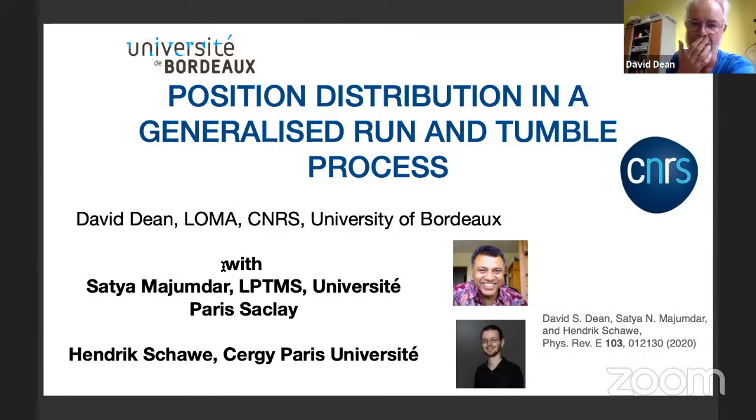So I'm going to talk about a nice little problem that's related vaguely to active particles and generalizes some of the questions that people ask about general active type stochastic processes. This work was done with Satya Majumdar, who's at the University of Paris-Saclay, and Shaw, who's in Cergy-Pontoise University.